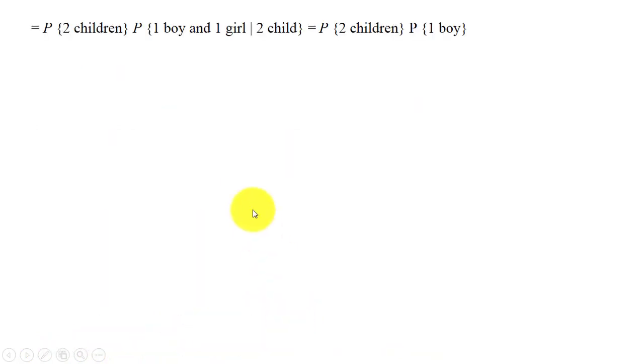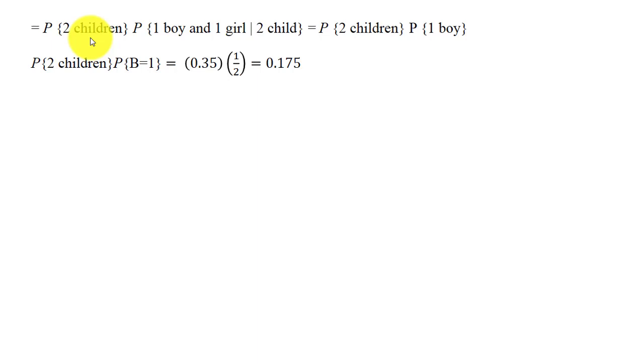Now the probability of getting 1 boy and 1 girl among the 2 children, given that the family has only two children, is 0.35 into 1 by 2, that is 0.175.